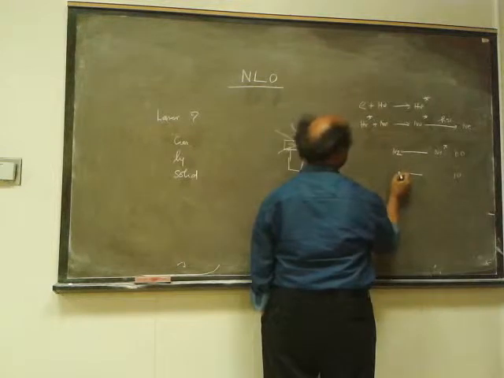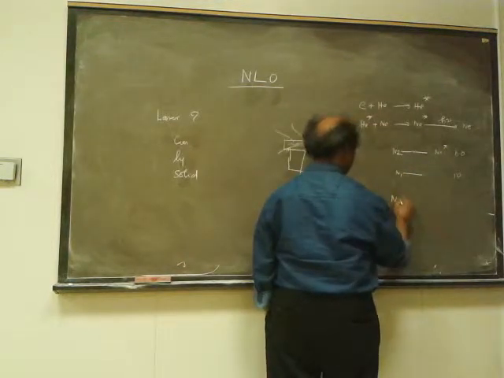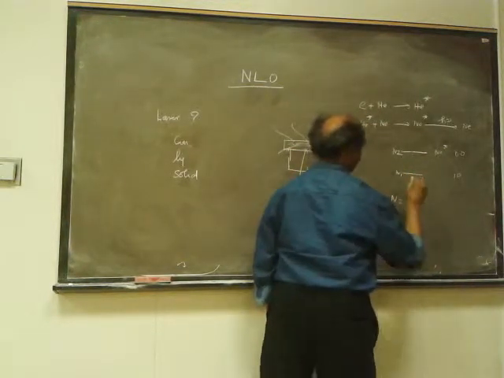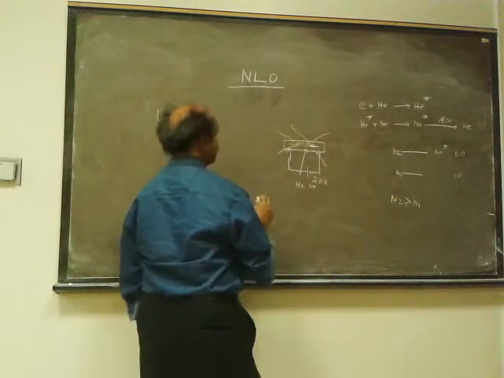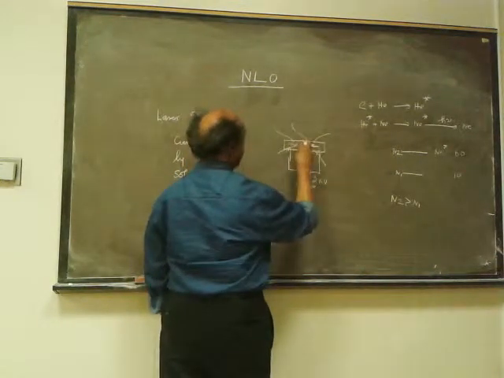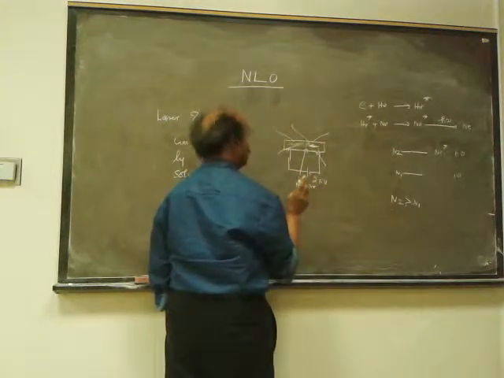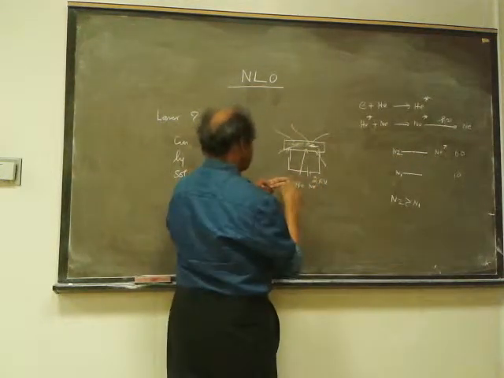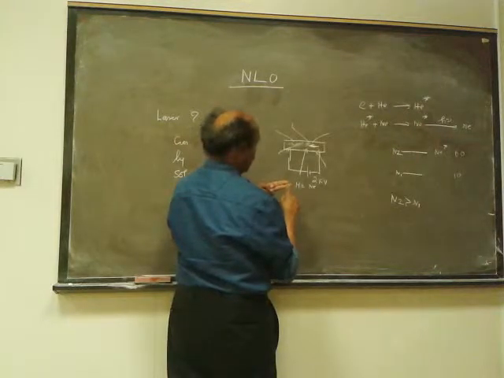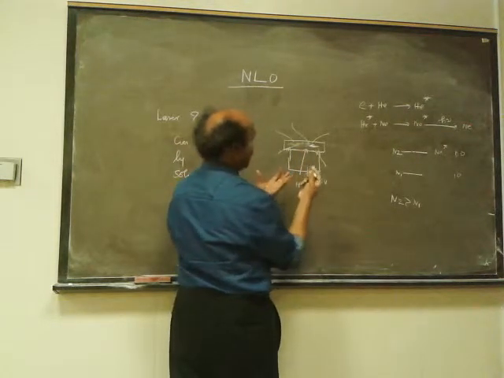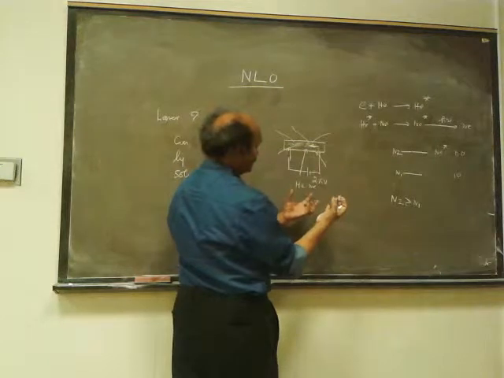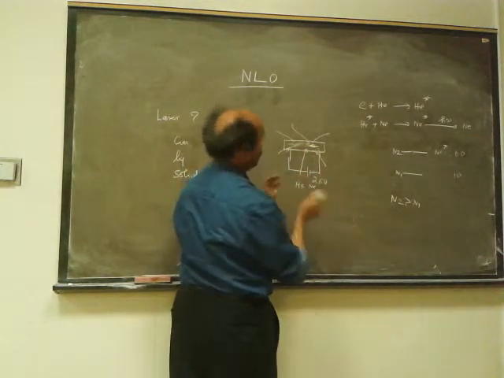This is N2, this is N1, N2 is greater than N1. Under this condition, the light photons produced will be of two types, spontaneous emission, and then the spontaneous emission acts as a seed to produce stimulated emission.